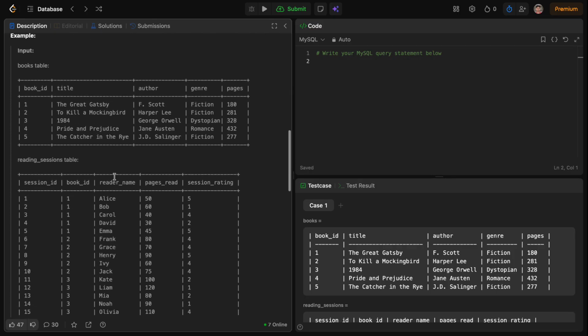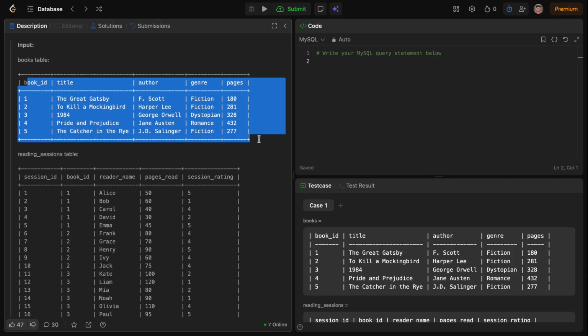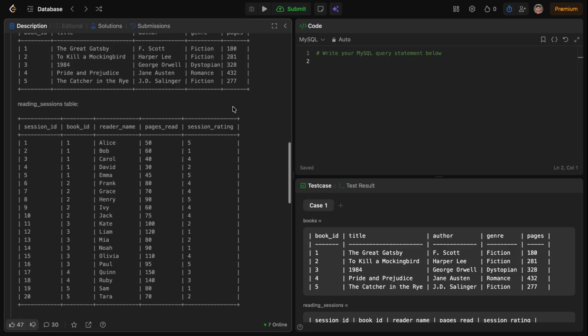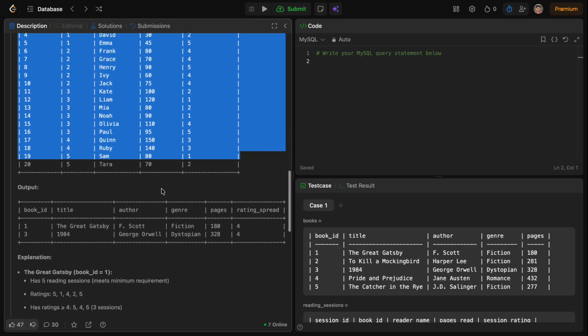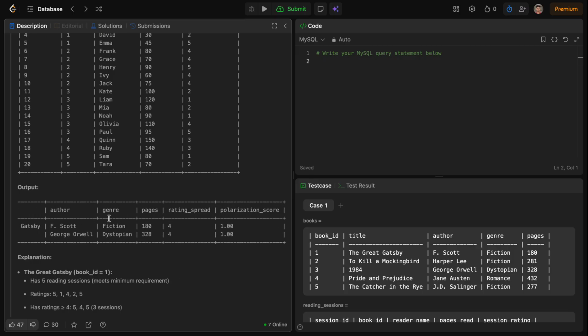The books table has book ID, title, author, genre and pages, and genre is like fiction, romance, etc. The reading sessions table has session ID, book ID, reader name, pages read and session rating. The output is book ID with title, author, genre, pages, rating spread and the polarization score.